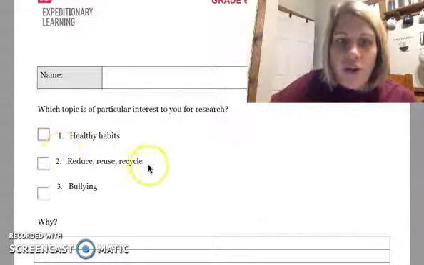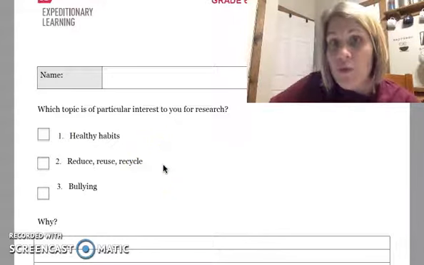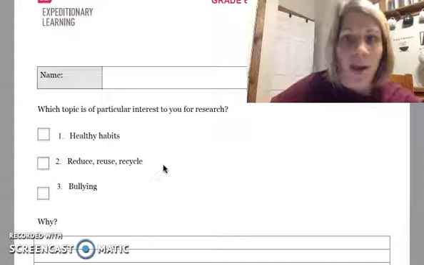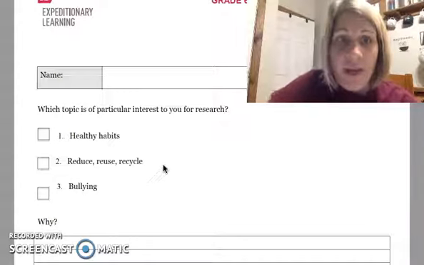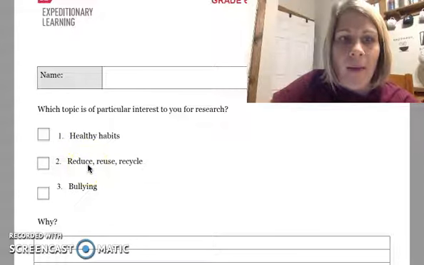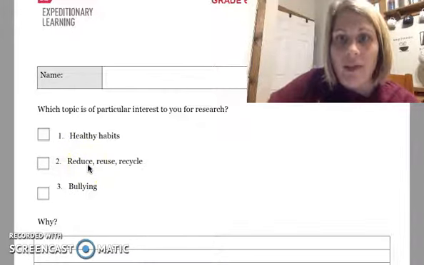You could also learn more about reduce, reuse, and recycle. So those are the 3 R's that we use to talk about basically taking care of the environment. So we need to reduce our waste, which means trying not to have as much garbage.